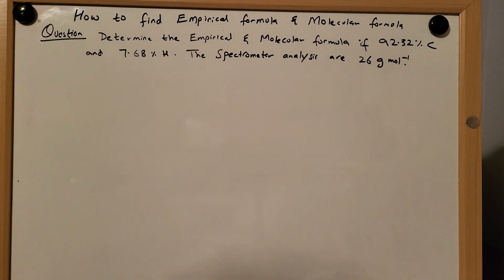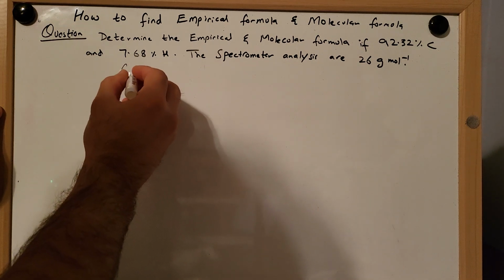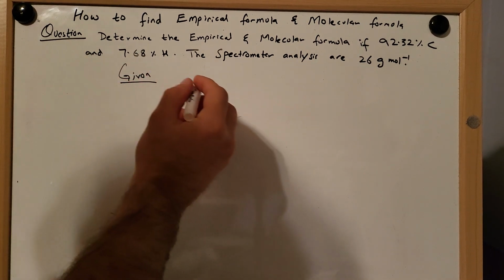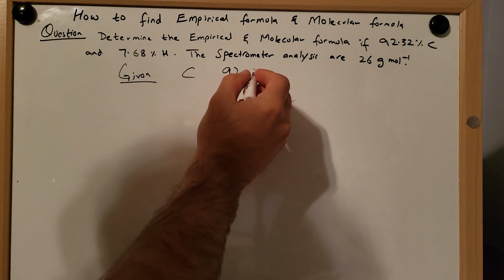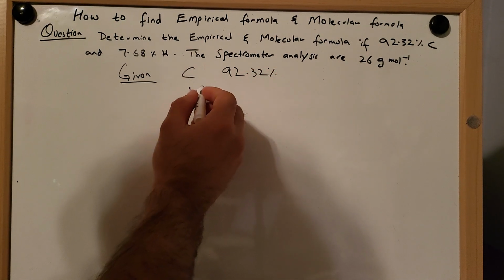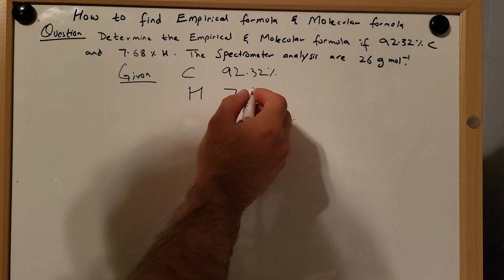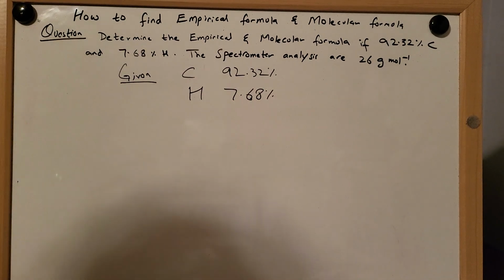The one thing we are given is carbon is 92.32% and hydrogen is 7.68%. So that's the two things we are given. This is to calculate the empirical formula.